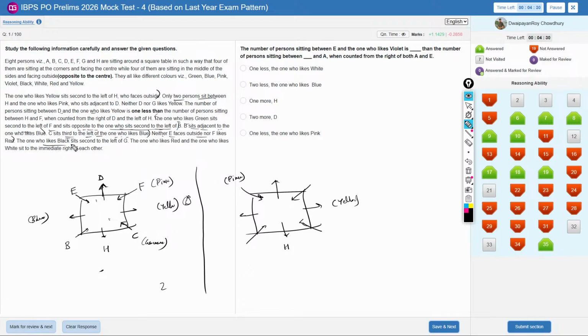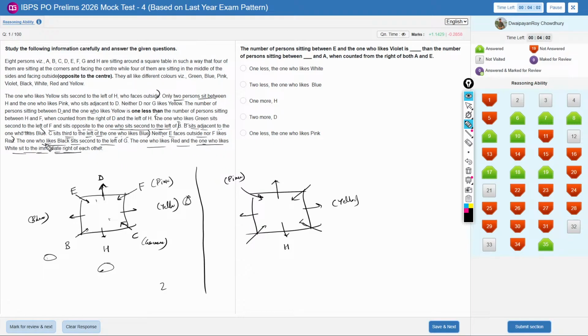The one who likes black sits second to the left of G. So still two options. G, the one who likes red, the one who likes white, sit to the immediate right of each other. Here I have two options, red and white, immediate right of each other.